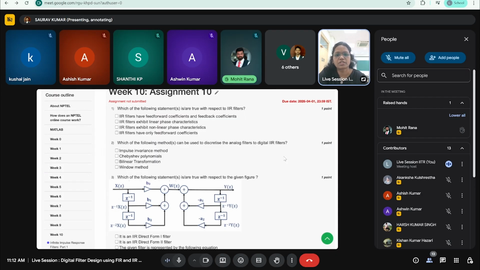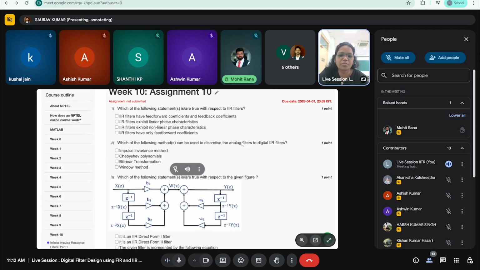So design it for Butterworth and Chebyshev filters, and then discretize using the impulse invariance method or the bilinear transformation. Only two methods we discussed in the lecture, and the questions are related to this.